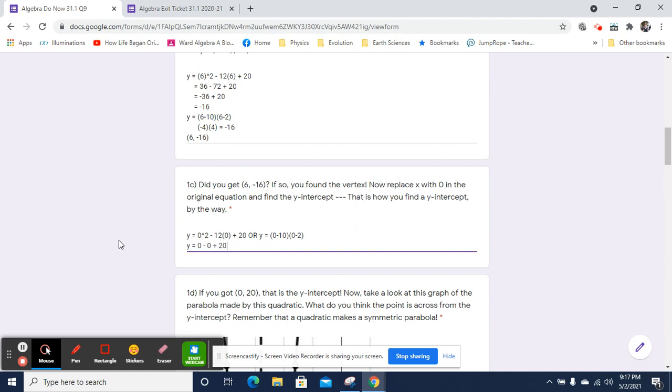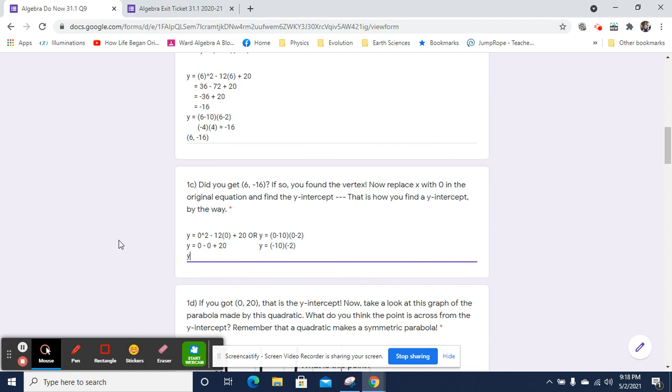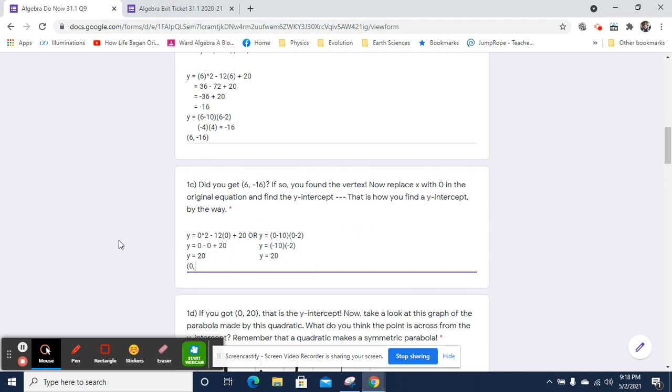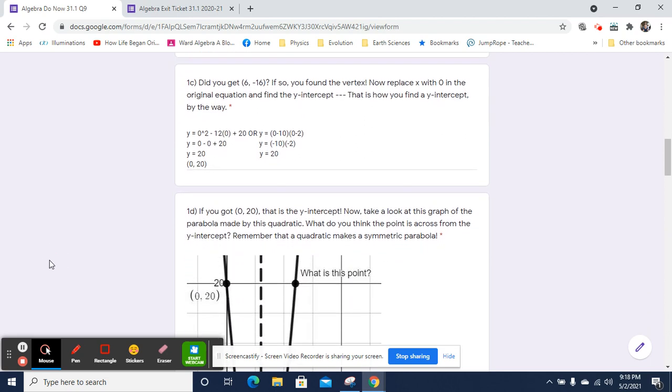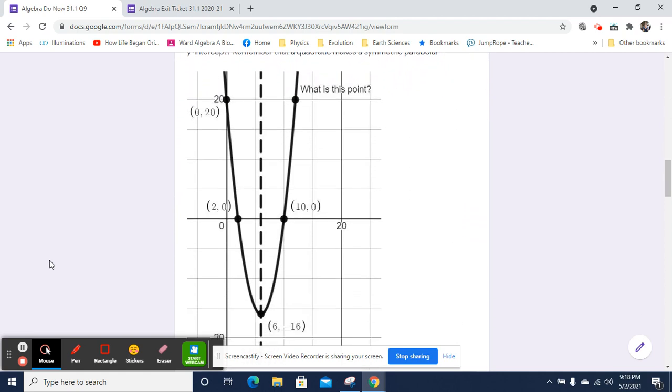And over here, y will equal negative 10 times negative 2. Okay, and over here, that means we're going to have 20. And over here, we'll have 20 as well. Negative 10 times negative 2 is 20. So we have a y-intercept at 0, 20. So if we got 0, 20, we got the right y-intercept. And look, there it all is.